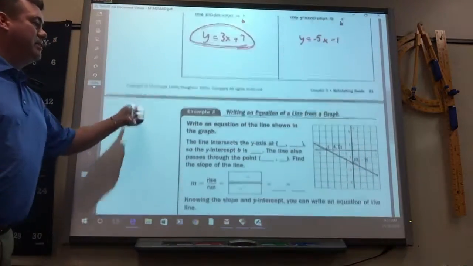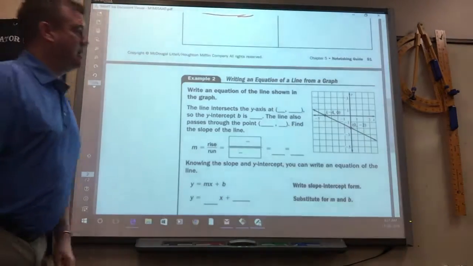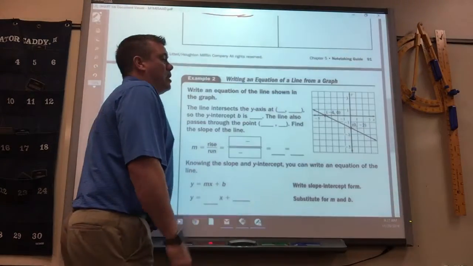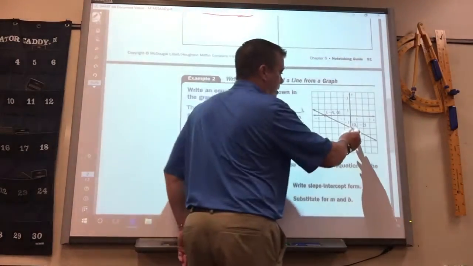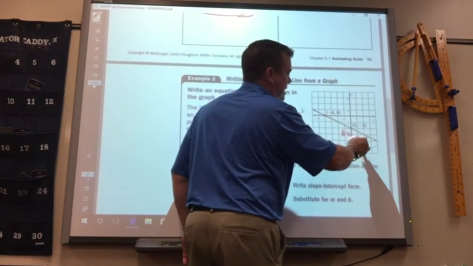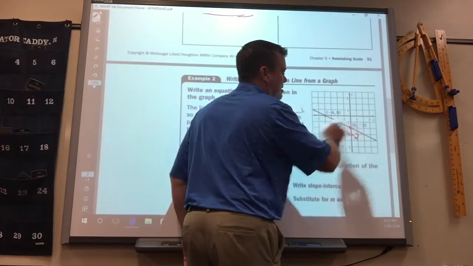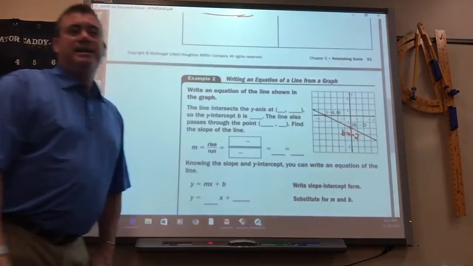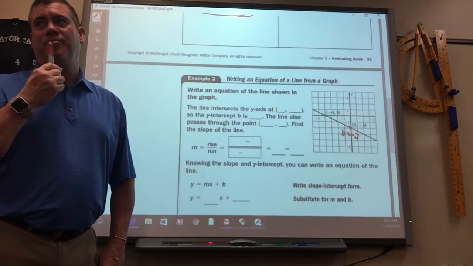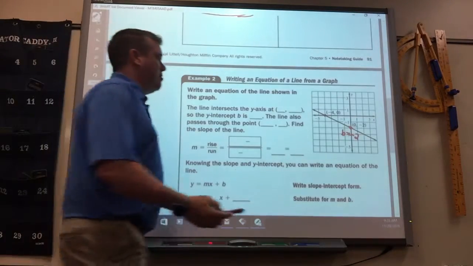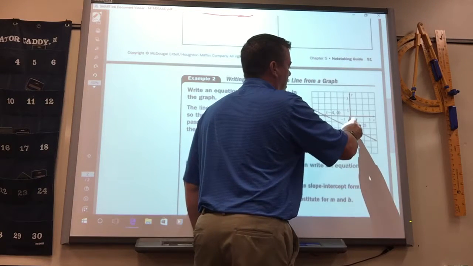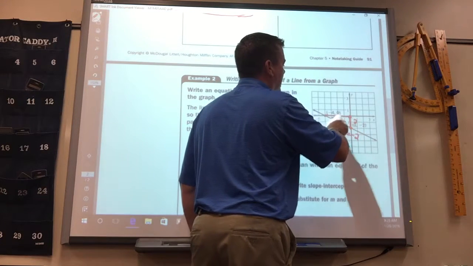So just a little bit harder, but not much, is they just give you the line, and you have to write the equation. Well, remember, b is the y-intercept, so I know that b is negative 2 because it crosses the y-axis at negative 2. Then you have to find m. So remember what to do to find m? Rise over run, yep. So to get from here to here, or it doesn't matter which one, I have to go up 2 and left 4.